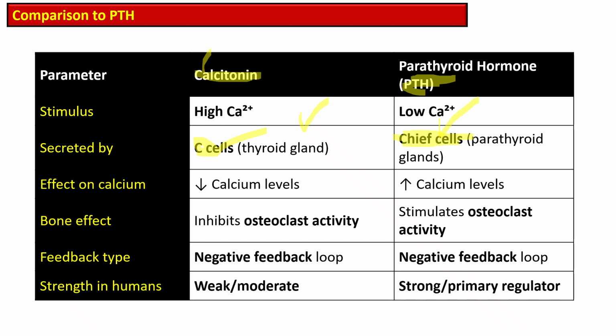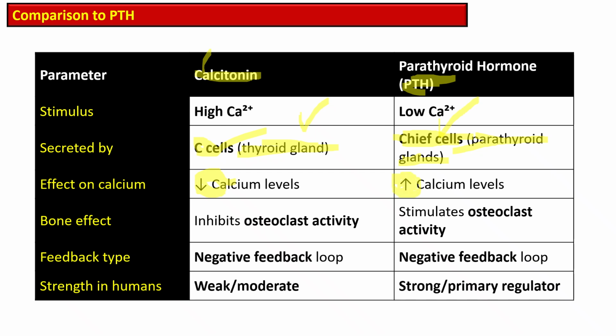The gland for parathyroid hormone is the parathyroid gland, while calcitonin is secreted from the thyroid gland. The effect of calcitonin is to decrease the calcium level, while the parathyroid hormone increases the level of the calcium in the plasma.